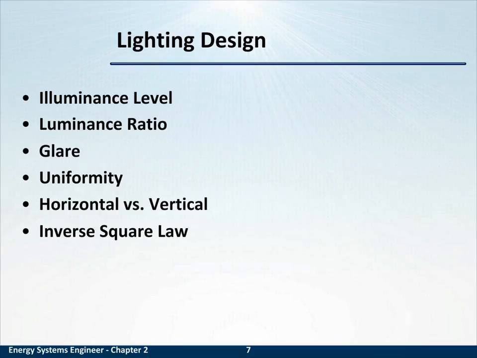Uniformity is expressed as uniformity ratio, which is the average foot candles, the average illuminance, divided by the minimum foot candles, minimum illuminance. An example would be why you can see in moonlight. While the foot candles, the illuminance is low, the uniformity is very high.